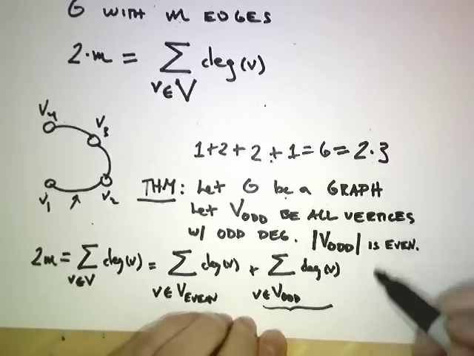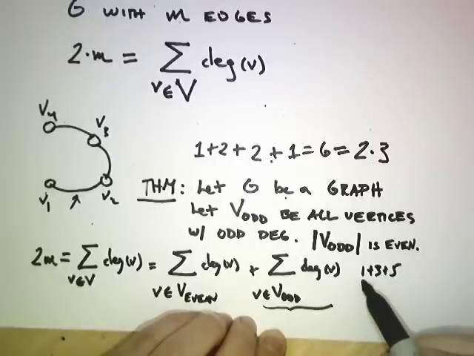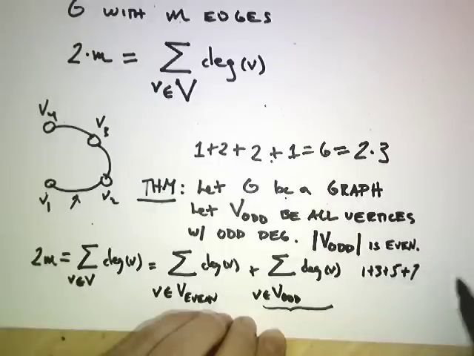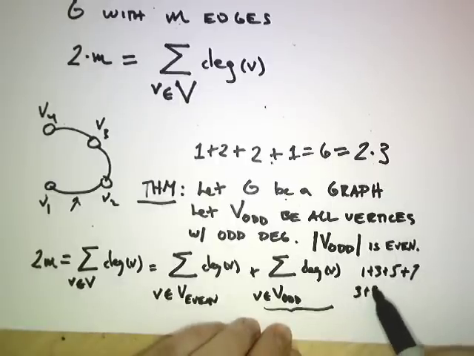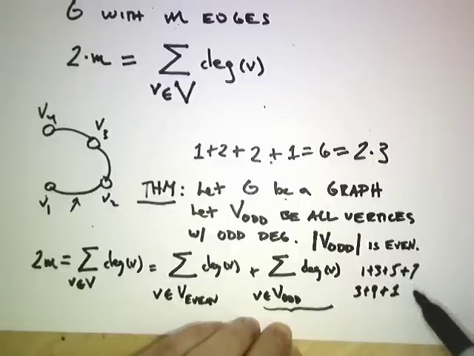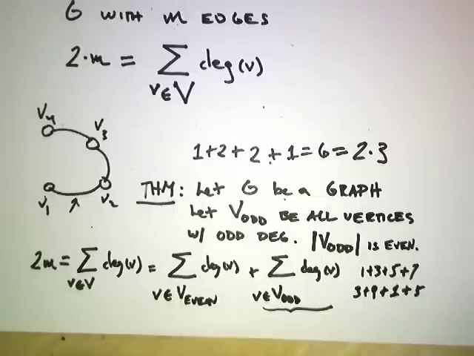For example, if you had 1 plus 3 plus 5, well, you're going to get an odd number. But if you have 1 plus 3 plus 5 plus another odd, 7, well, you're going to get an even number. Again, if you have 3 plus 9 plus 1, you're going to get an odd number. But if you add another odd to it, say 5, you'll get an even number.